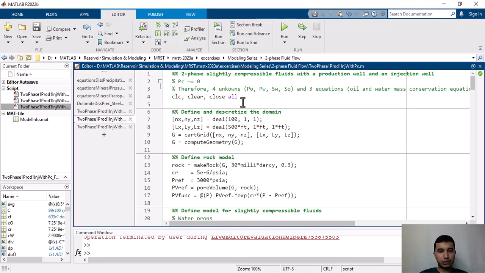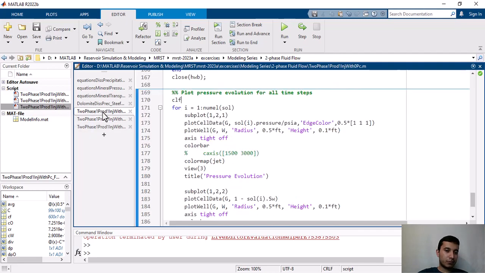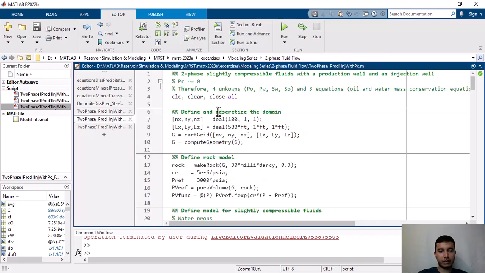In other words, each phase in this model has a different pressure, all right? But in the previous code, I considered that both phases have the same pressure, all right? Great, but here I consider the capillary pressure, and so we have two different pressures.